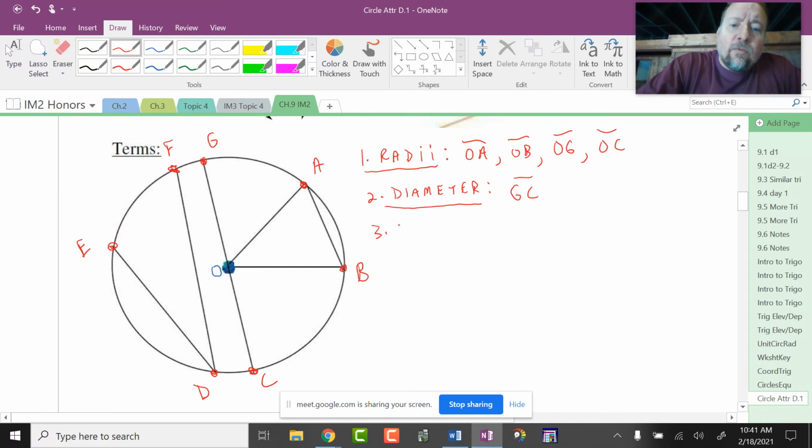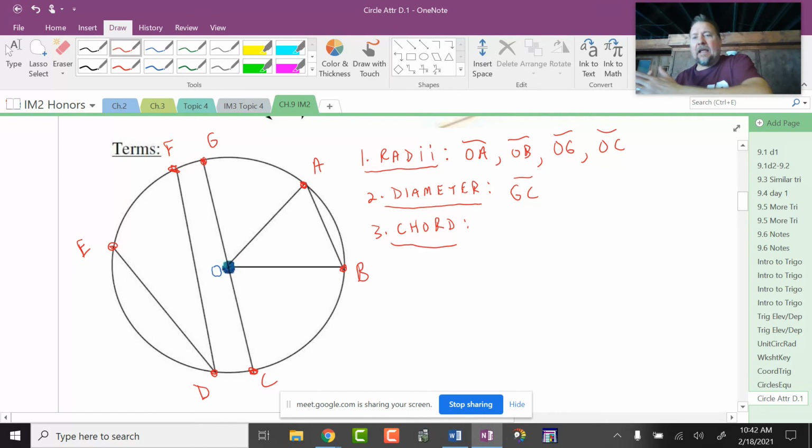So the next thing we'll write is, what are some chords? We really shouldn't call GC a chord, because that is a specific chord. More specifically it is a diameter. We want to call it its most specific thing. The only chords I see are FD or DF and DE.